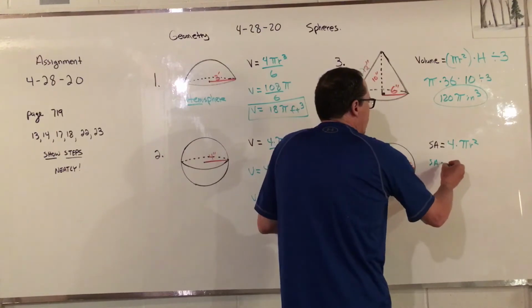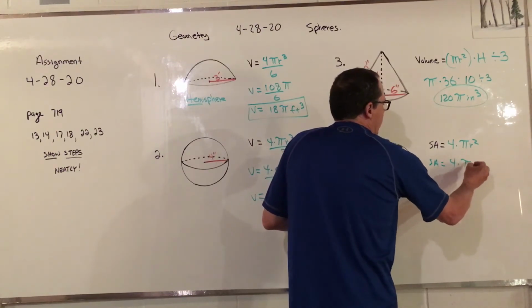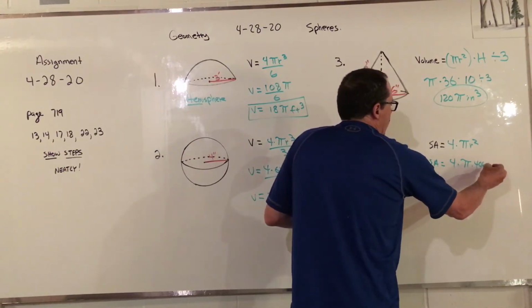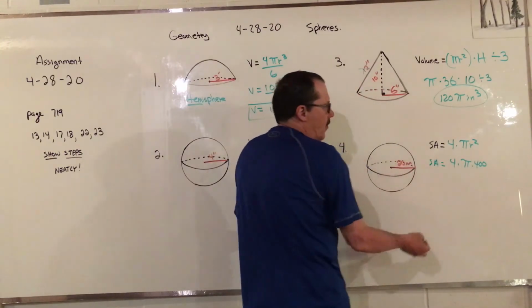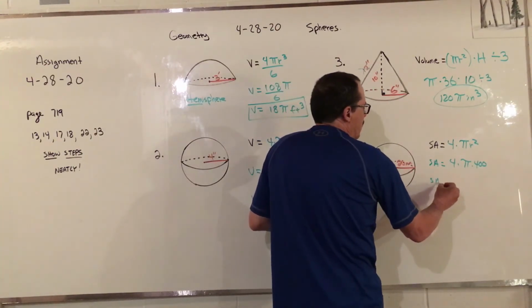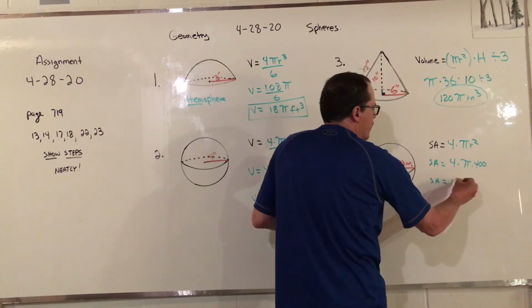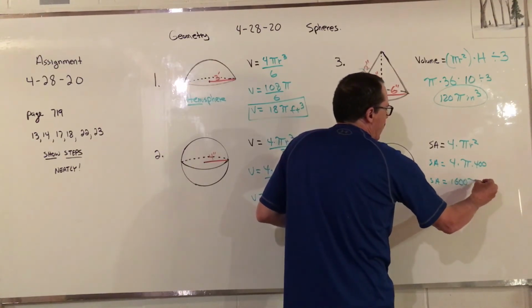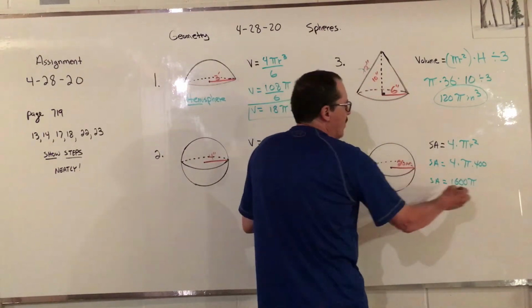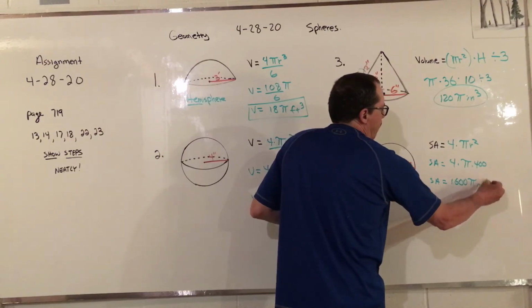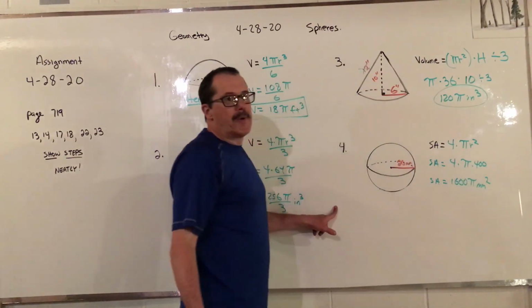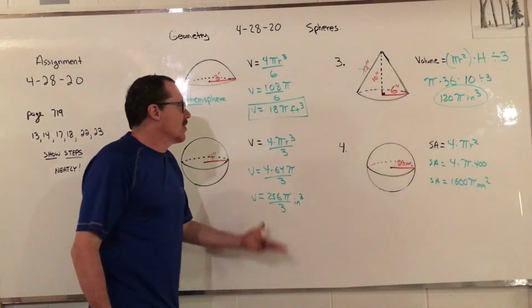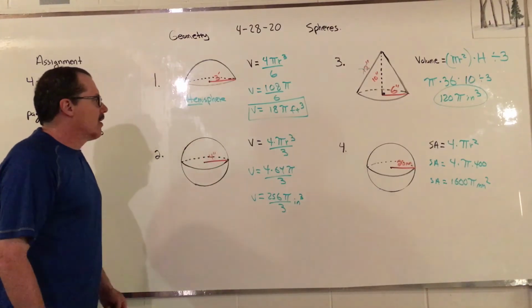So surface area equals 4 times pi times 400. I'd multiply the 4 and the 400 together, and 4 times 400 is 1600. And then I would put pi, and then it's in millimeters squared. All right, so this is just a quick review of different things.